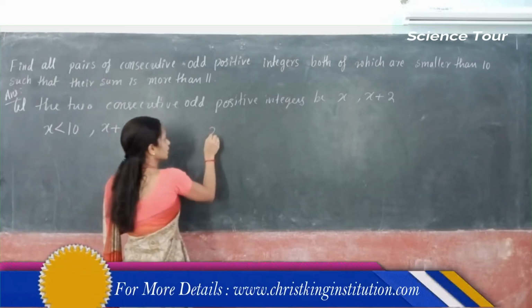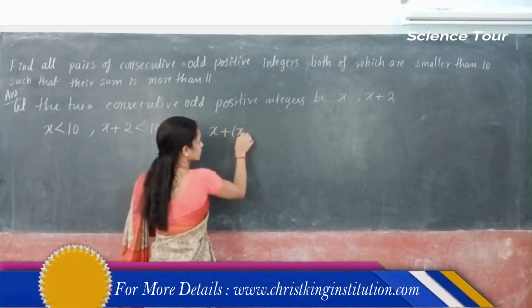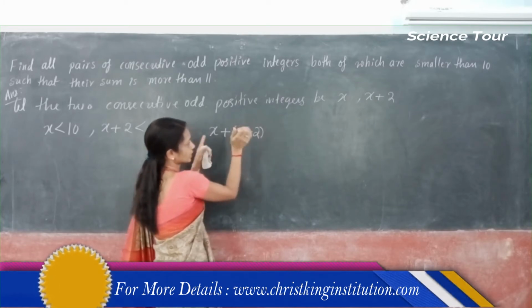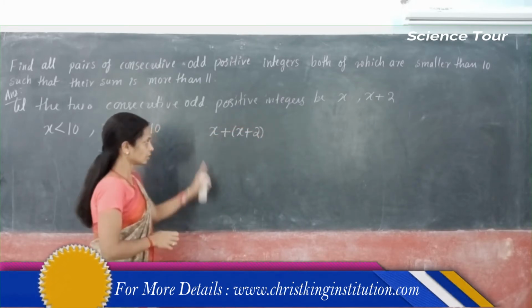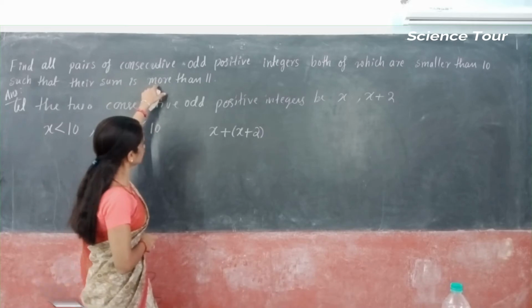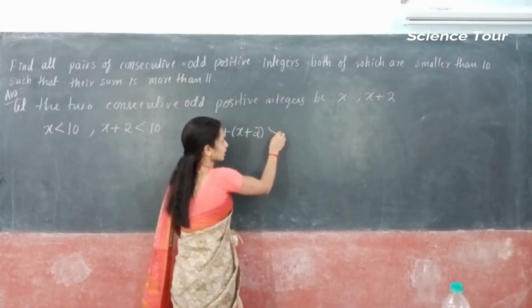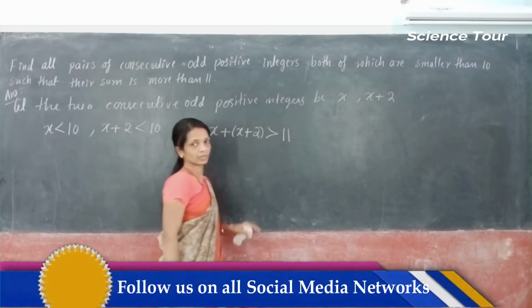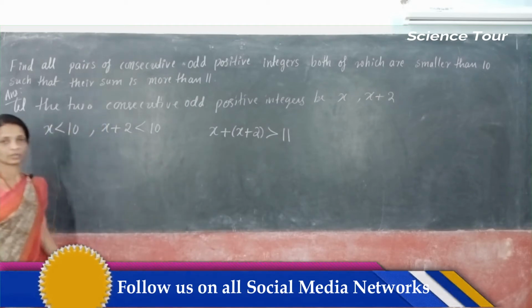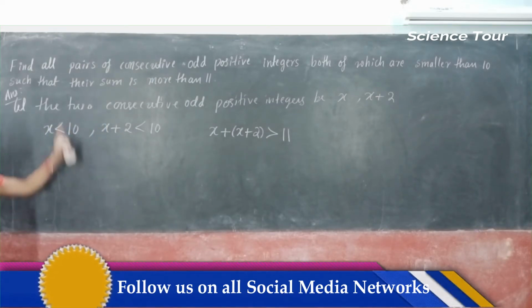Their sum means x plus x plus 2. You have to take the sum of those 2. Their sum should be more than 11, which means greater than 11. So these are the conditions given to you to find pairs of consecutive odd positive integers.